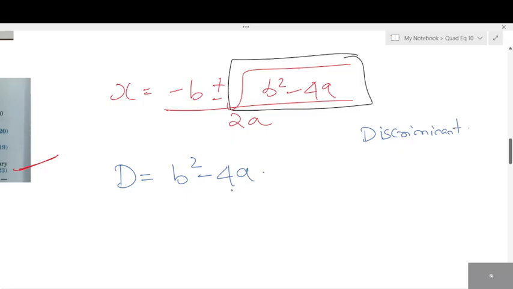So any given question, this is how you have to solve. Just use one formula. D is equal to b square minus 4ac. In this, there are three things to remember.